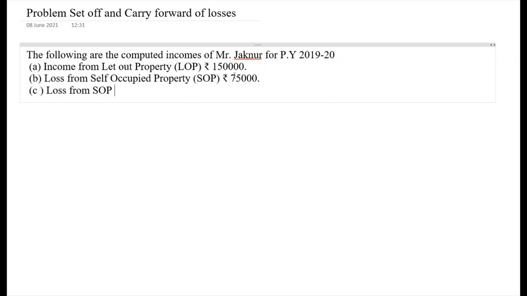Next, B, loss from self-occupied property, that is SOP, rupees 75,000. Next, C, loss from SOP brought forward from previous year 2017-18.